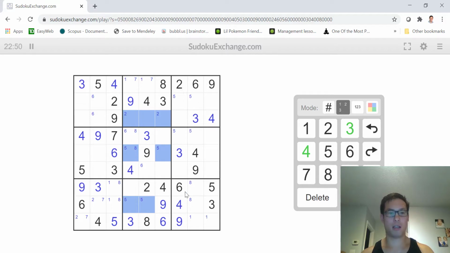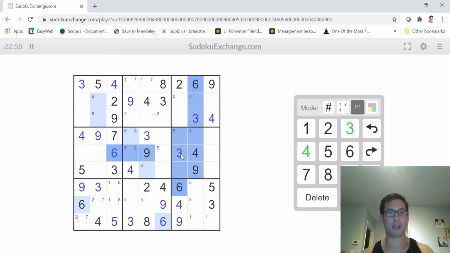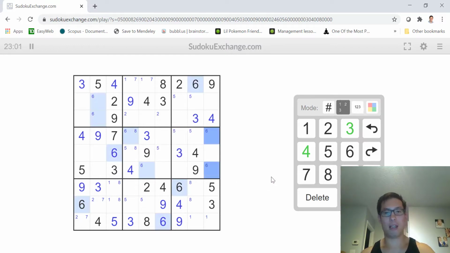Let's go to 6. 6 can go here or here. Sorry, this 6 looks here, this 6 looks here, and this 6 looks across here. So that tells me that those are 6s. These 6s don't actually create an X-wing.